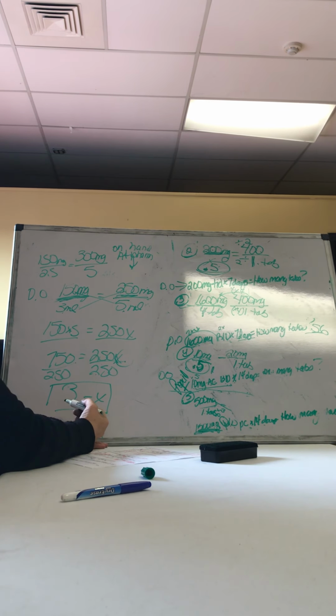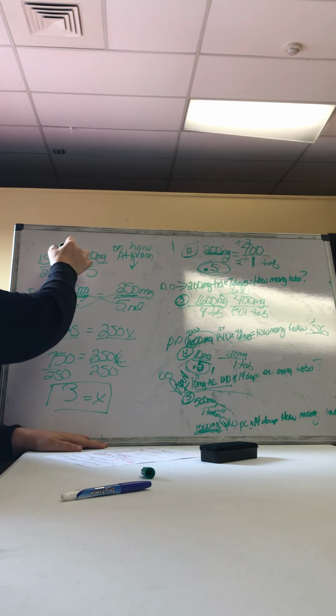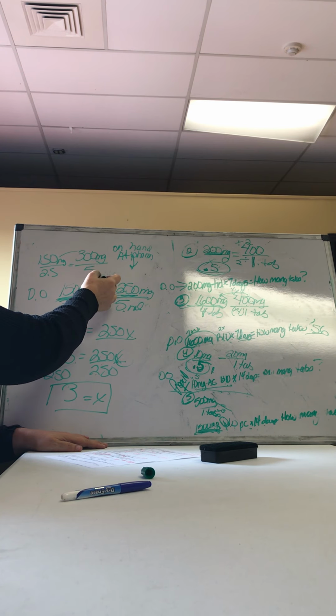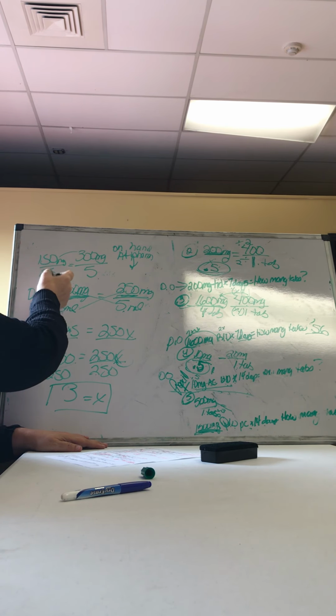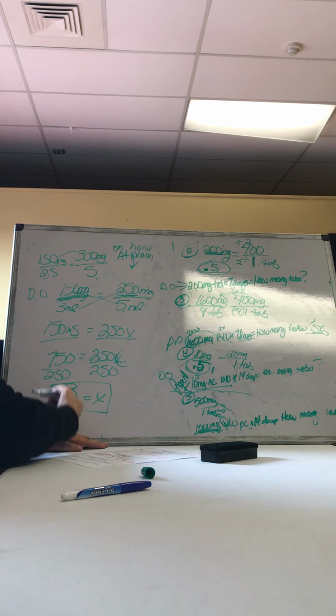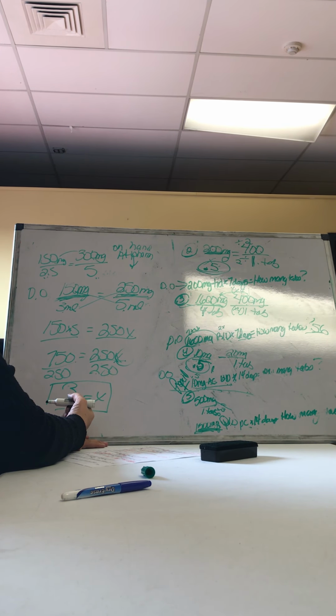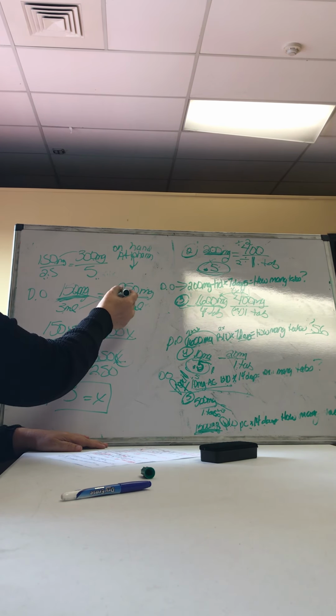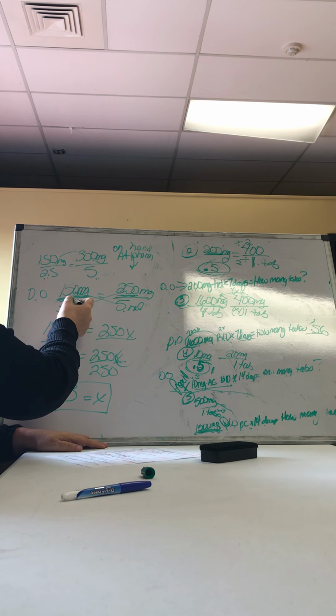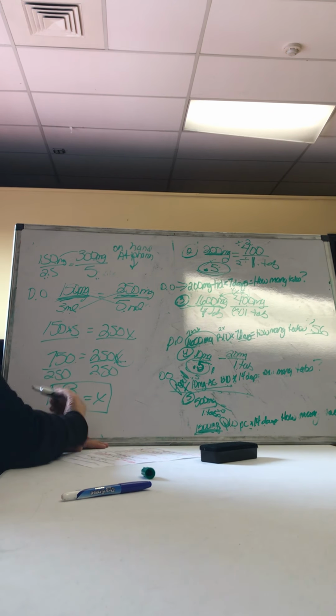Does that make sense? Because if I got 300 in 5, that's half, so I gotta go half of that. Just think it in your head. And here I would think, 150 is less than 250, and yeah, that's about right.